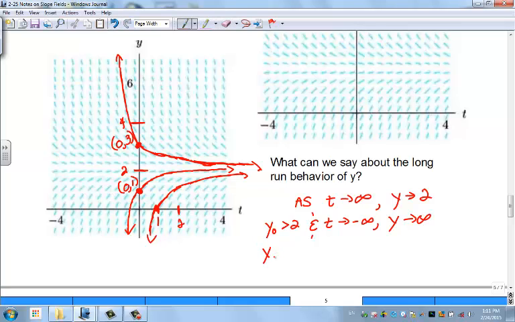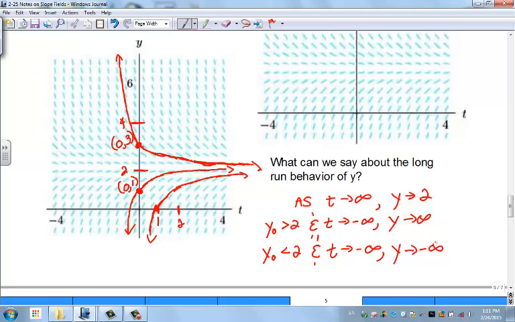And if y0 is less than 2 and t approaches negative infinity, well, that's here. If I start out less than 2, then I'm going that way. My y will approach negative infinity.